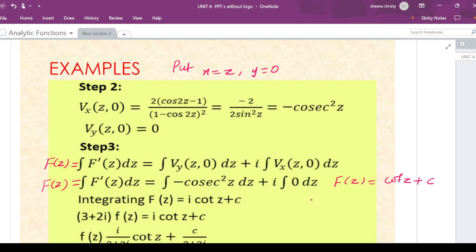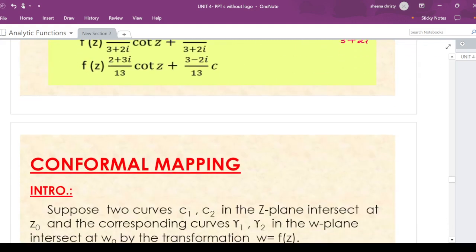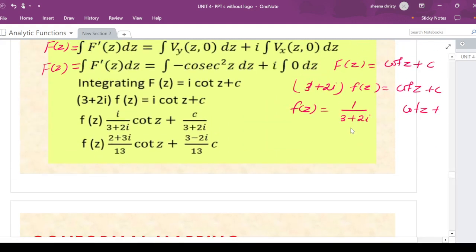Therefore, you are going to have 3 plus 2i into small f of z equal to cot z plus c. So small f of z is going to be 1 by 3 plus 2i into cot z plus c by 3 plus 2i. Now to separate the real and imaginary part, we are going to multiply and divide it by its conjugate.